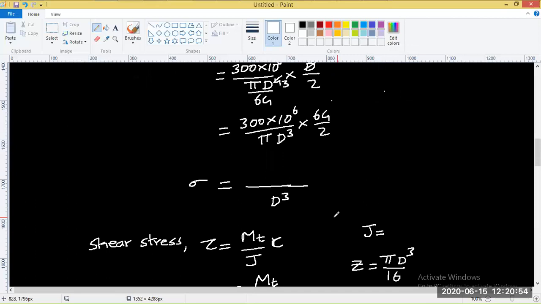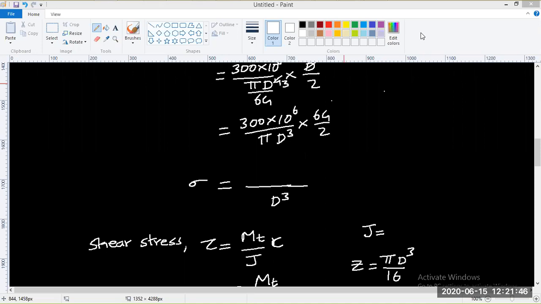If you calculate, you can post the values in the group chat. So let me calculate this. It is 300 into 64 divided by pi into 2. Okay, so I'm getting a value. Correct.